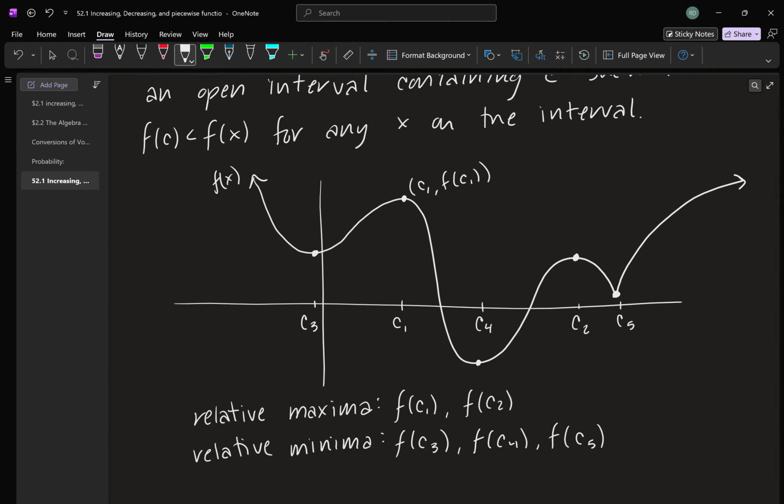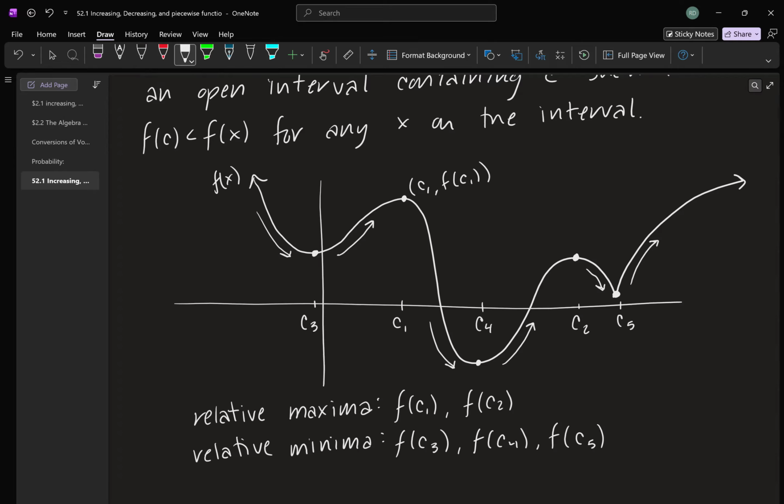And I also want to relate how this comes into play with increasing and decreasing. So relative minimums are always created by decreasing and then increasing. So you can see decreasing function, increasing function. So it's the point where we change from decreasing to increasing.